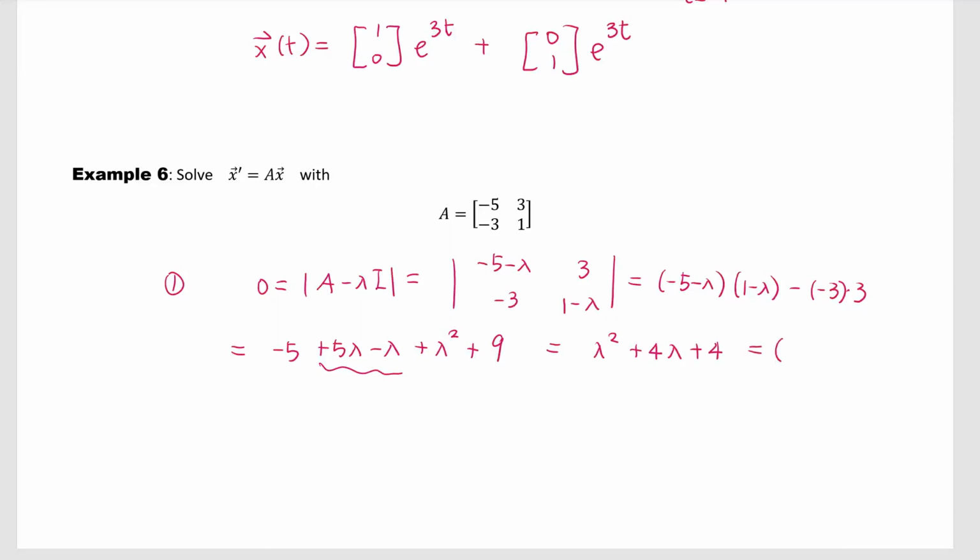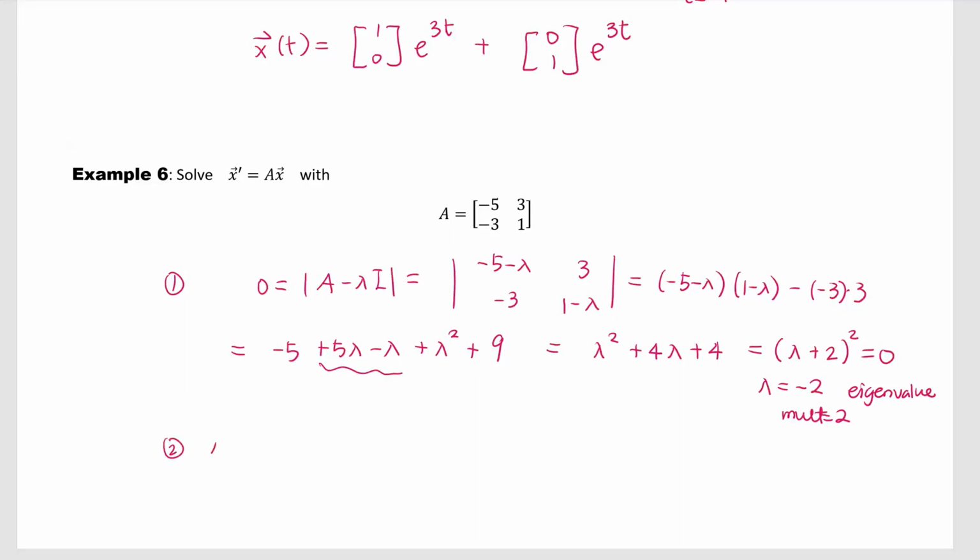Ooh, can you see this is actually the complete square of lambda plus 2? So we get lambda equals -2 as the eigenvalue. And is it repeated with multiplicity 2? So far, so good, everybody.